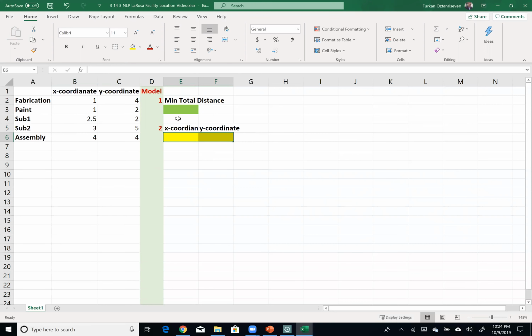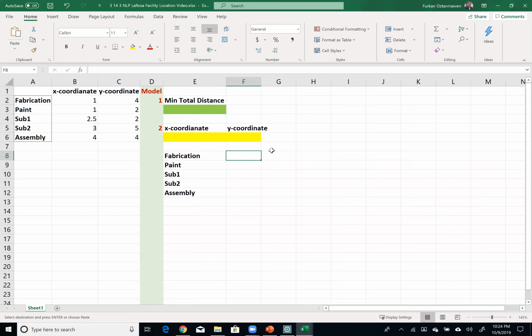Instead of calculating everything here, I'm going to make my life a little easier and calculate those values over here. Distance. Let's start with a random point so that things will be easier to calculate. Let's say my random point is 1 and 1.